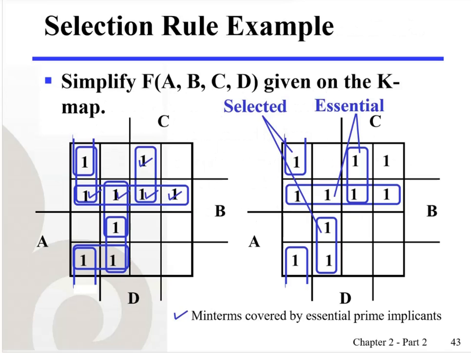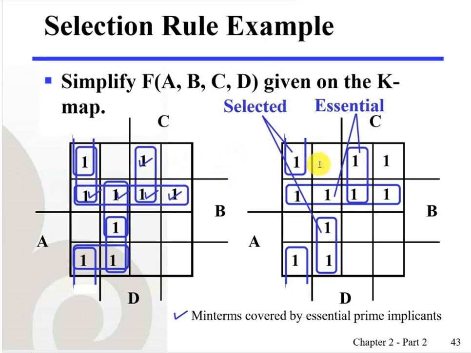Let's see this example. Here we have the K-map of 4 variables defined by 1, and we know that any possible largest grouping gives prime implicants. The essential prime implicant definition: there are some ones that cannot be grouped with any other adjacent cells' grouping.